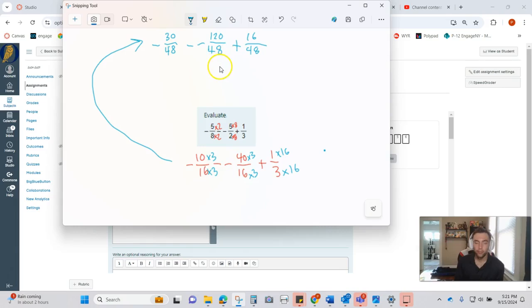Now that all the bottom numbers are the same, we can add and subtract them. You can add and subtract fractions once all the bottom numbers are the same.